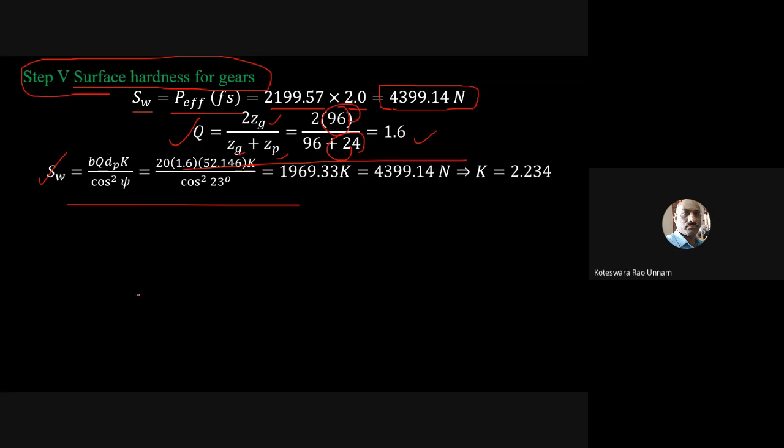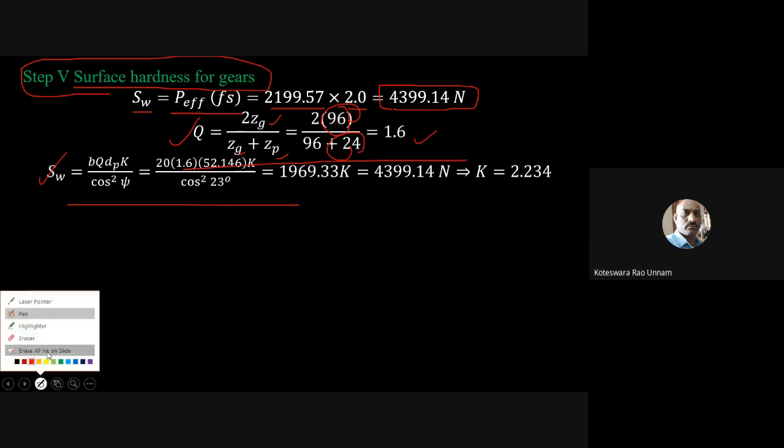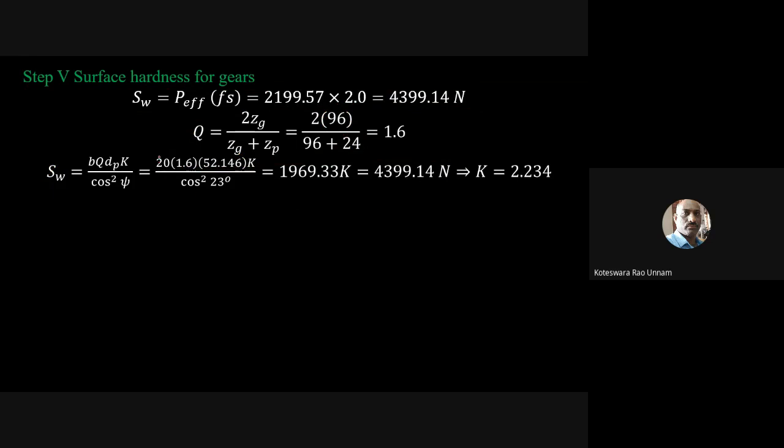Then this is the formula for our wear strength. From this you can calculate the K value. B is known to us because we are taking the normal module as 2 mm, so B is going to be 20. Q is just calculated as 1.6 and the dp is already calculated, which is 52.146. K is unknown for us, we'll treat it as K itself. Cos square psi is cos square 23 degrees.